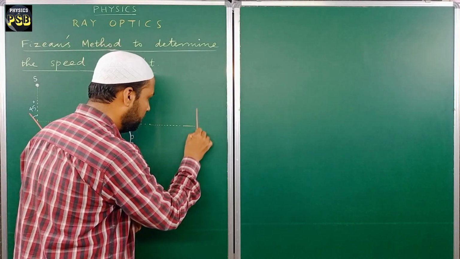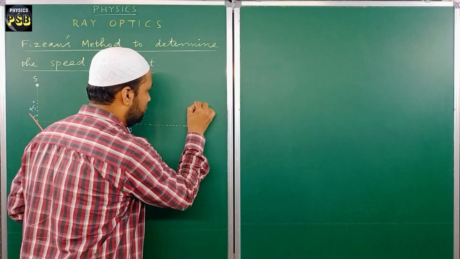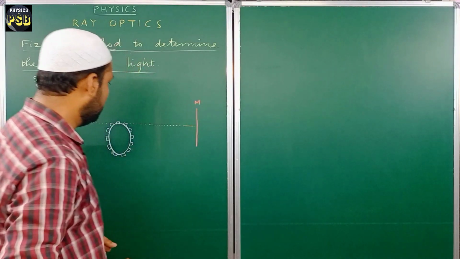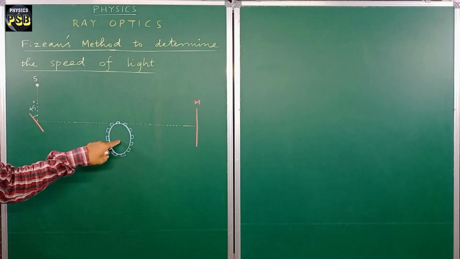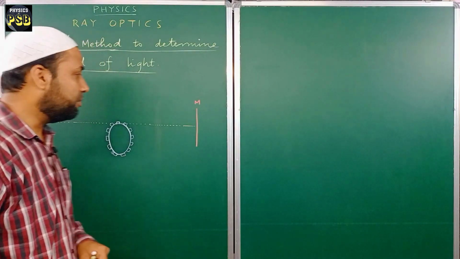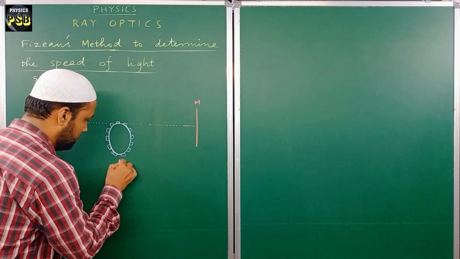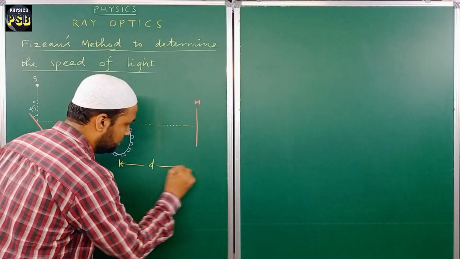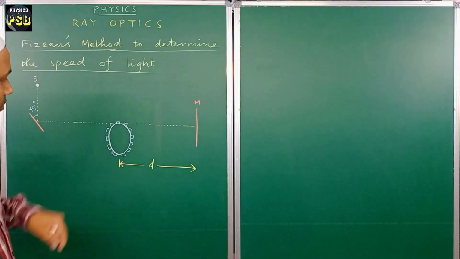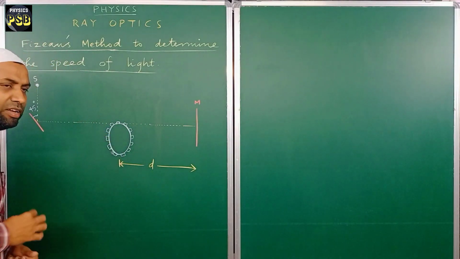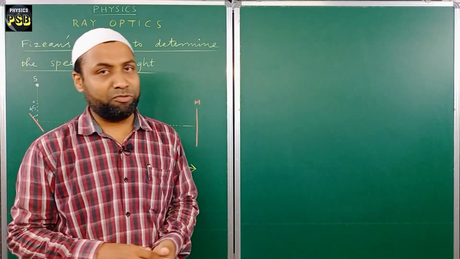Here a plane mirror was placed, which is denoted by the letter M. The distance between the toothed wheel and the mirror is D. This is the distance between the plane mirror and the toothed wheel. This wheel is rotated with the help of a mechanical arrangement, which is not shown in this diagram.